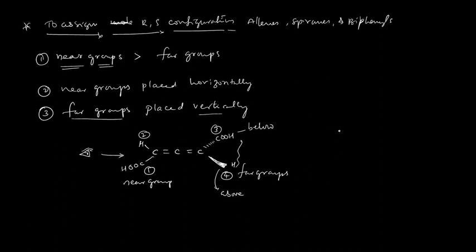While writing vertical groups, write the above the plane group above and the below the plane group below. Above the plane group is hydrogen, below the plane group is COOH. Now these two groups are near to the observer, so they are represented on the horizontal line.